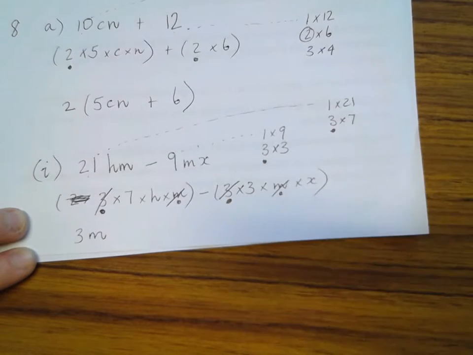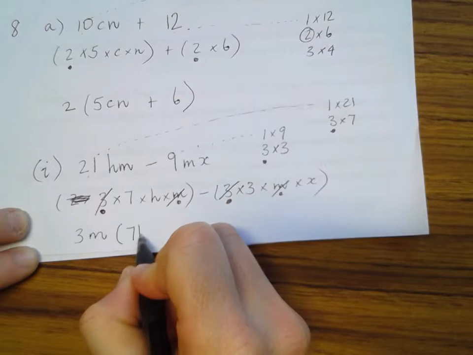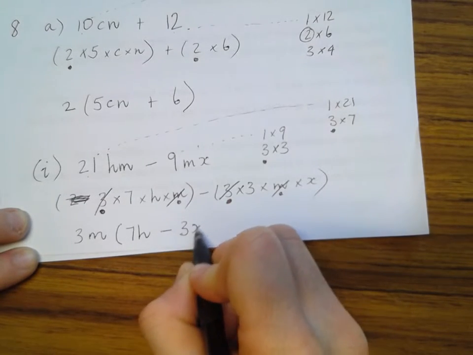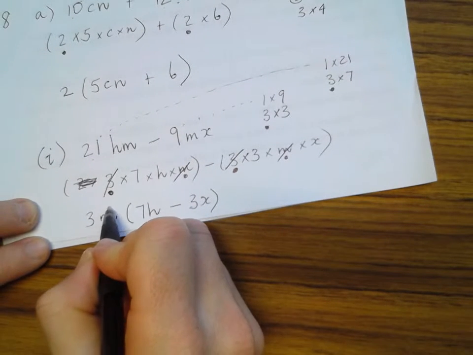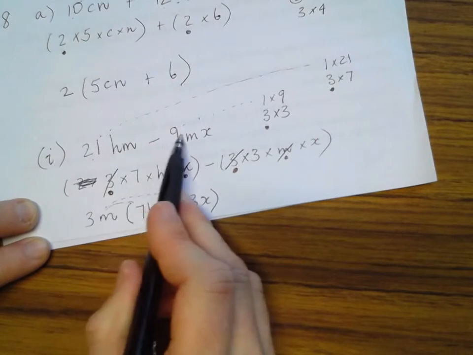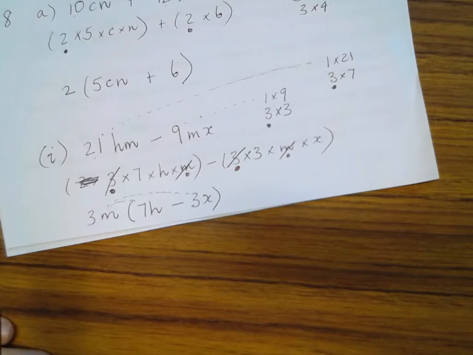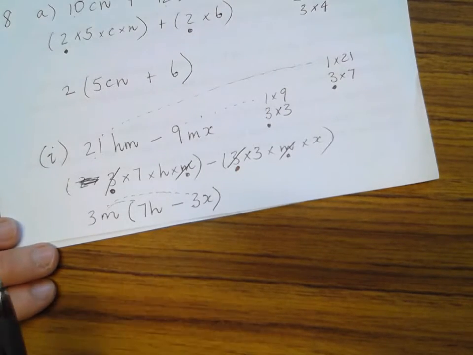We've used them. They're sitting outside the bracket. 7h is left, take away 3x. Okay, so then if you just applied the distributive law, you'd actually get back to the starting point. For those of us who are understanding the big picture, but as long as you can see the factorisation that's happening here, that's great.